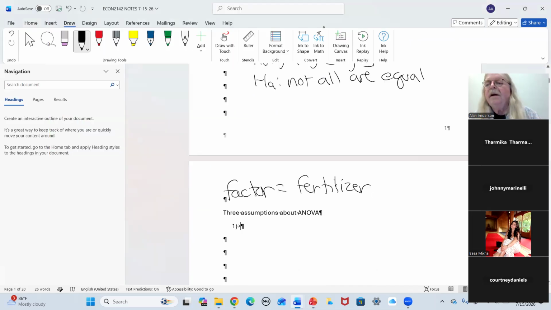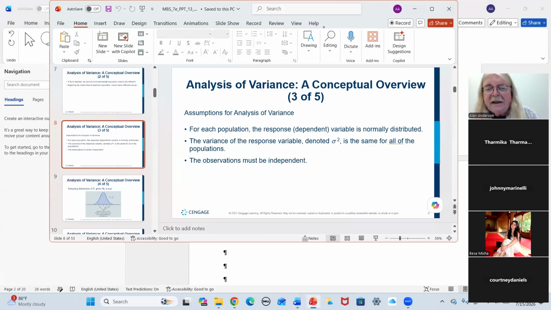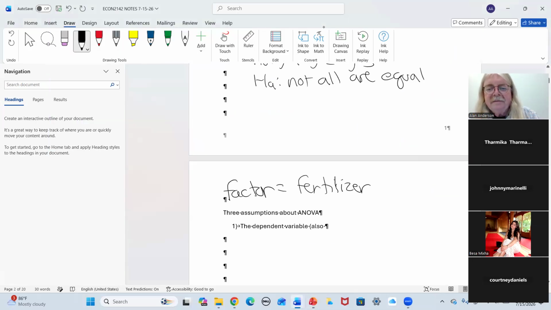And there's another case where the dependent variable, we all know what that means, but in ANOVA world, they have to have other names for everything. They call that the response variable, just to drive us crazy. The response variable is normally distributed.